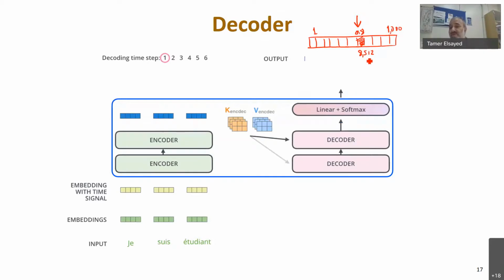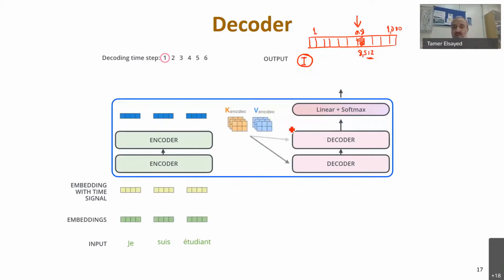Okay, this corresponds to, let's say, the word I. If that's what the network learned, then this is correct. If not, then we will indicate that this is an error, and that's how the network will learn next time to produce I. Okay, so after the first time step, we got I here, which is the first word.